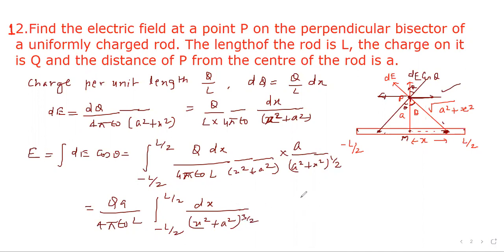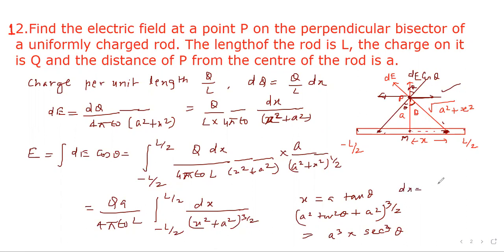Now here we put x equal to a tan theta. So the bracketed term becomes a square tan square theta plus a square whole power 3 by 2, which gives a cube times sec cube theta in the denominator. Differentiation gives dx equal to a sec square theta d theta.